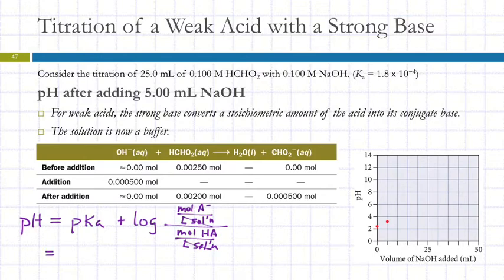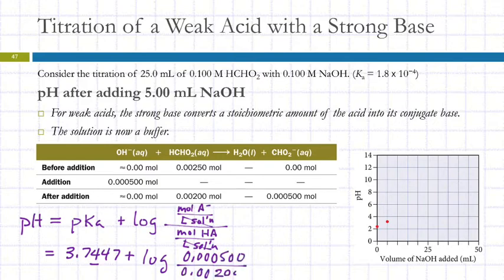So I need pKa, so the negative log of 1.8 times 10 to the minus 4, so 3.74 plus the log of 0.000500 divided by 0.00200.